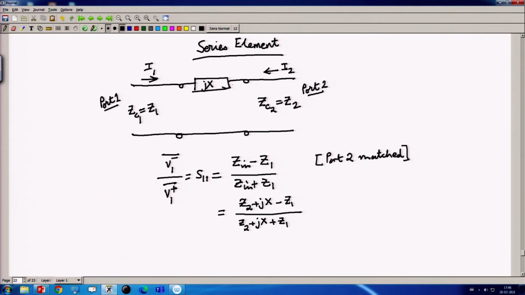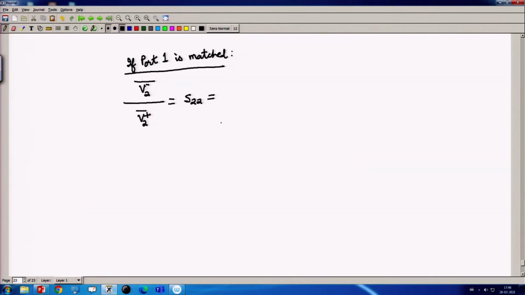Looking from this terminal towards the left, it will be Z1 plus jX minus Z2, divided by Z1 plus jX plus Z2.